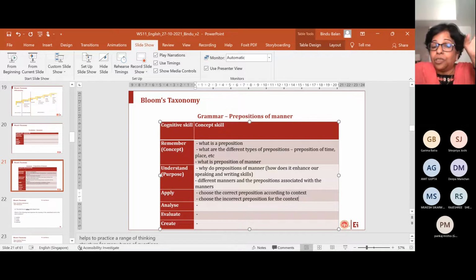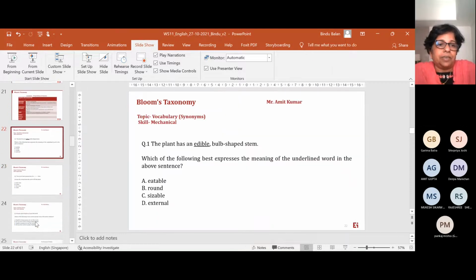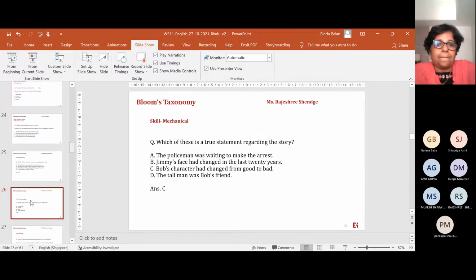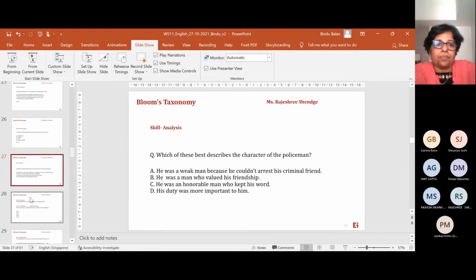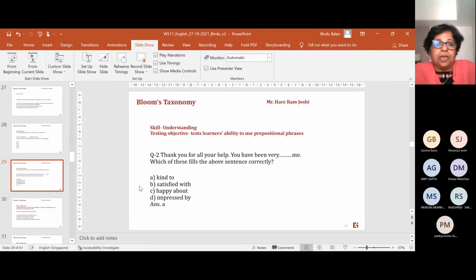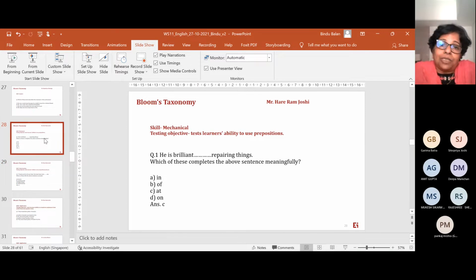Because if this question which Joshi sir has given here, if Joshi sir has asked the same question in a classroom and then in a test he uses the same question, then it is recall, mechanical. But if he has taught a preposition of manner and he is giving the child a new context in a sentence and now asking them to choose which one.